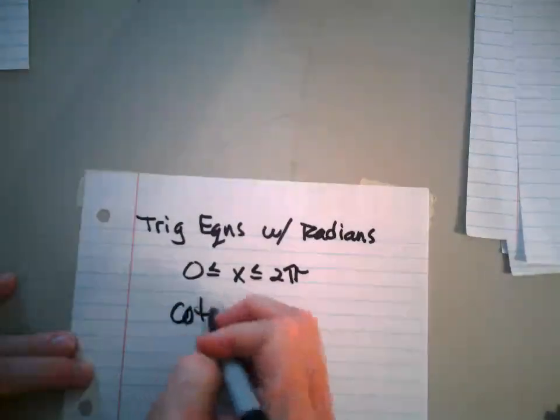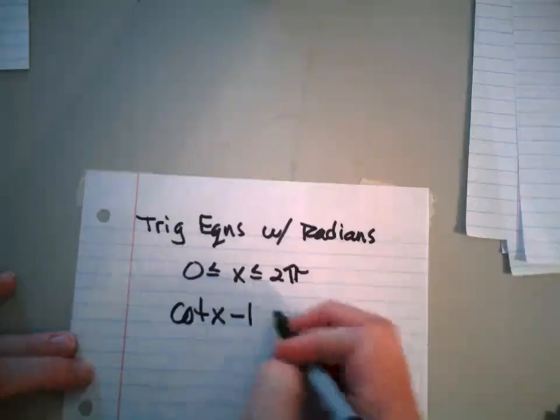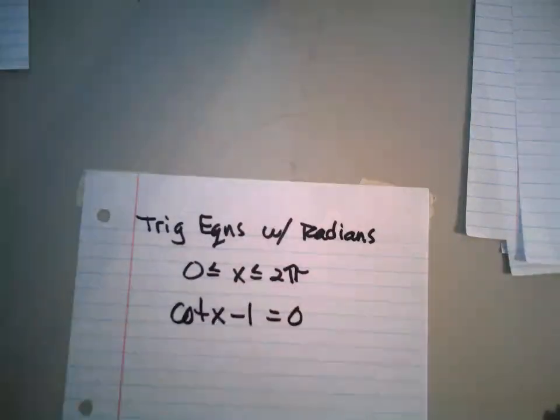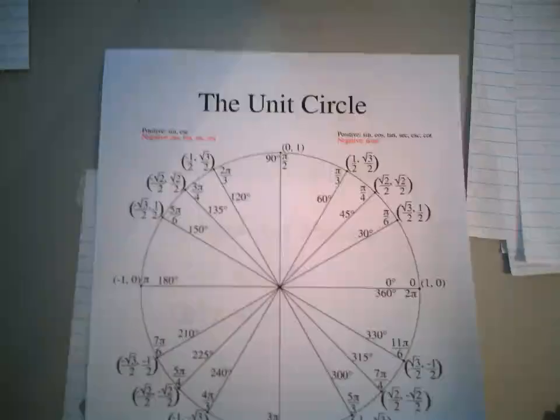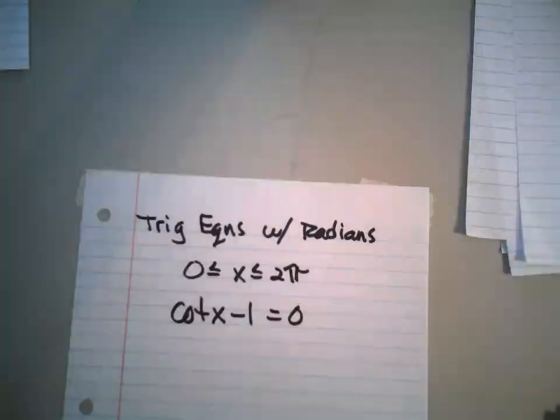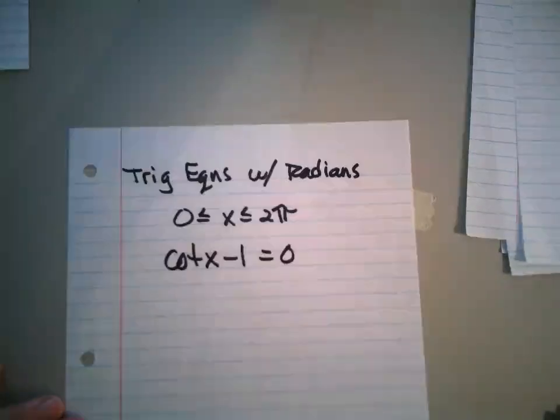So we have cotangent x minus 1 equals 0. Okay. Hopefully you're keeping a good unit circle close by so you can figure out what all your answers are. It's always good to keep that nearby.